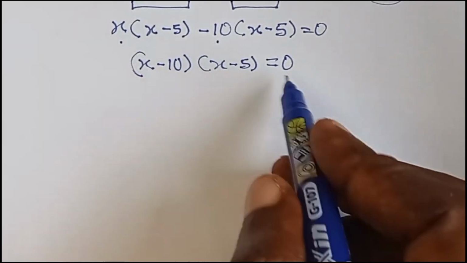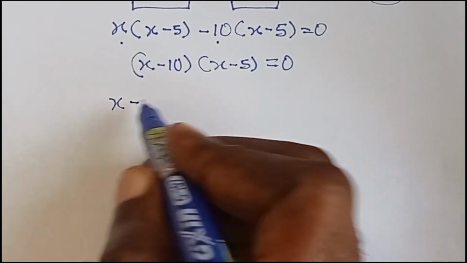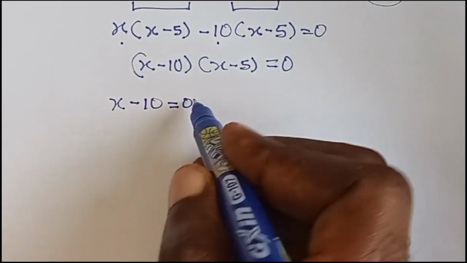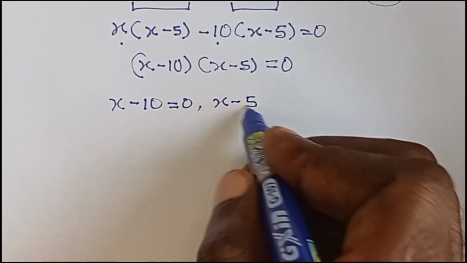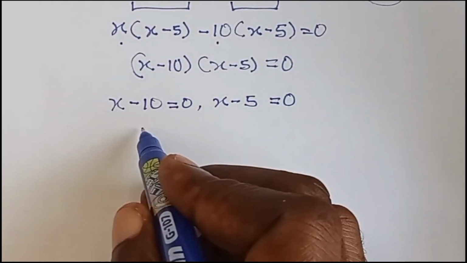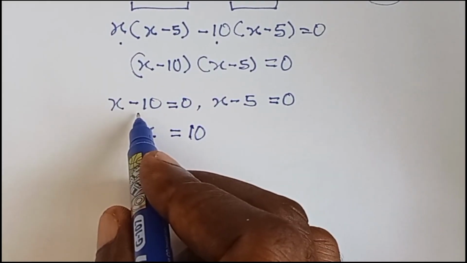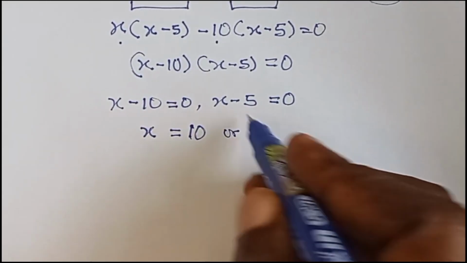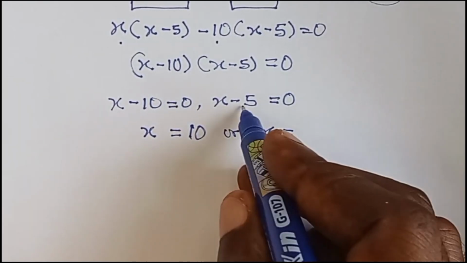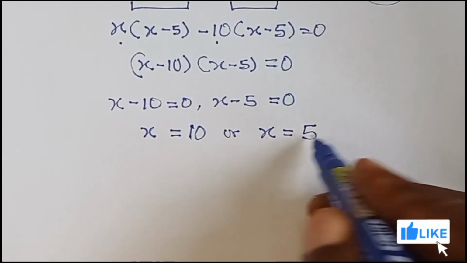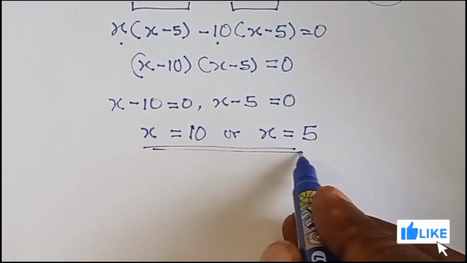Alright, so each of the brackets equals 0. x minus 10 equals 0, and we have x minus 5 equals 0. That means that our x equals 10 by the time we move this minus 10 to that side, or our x is equal to what? 5 by the time we move the minus 5 to the other side.